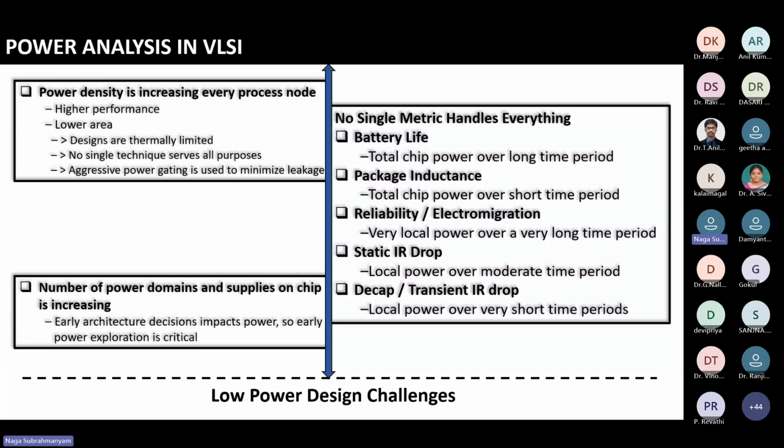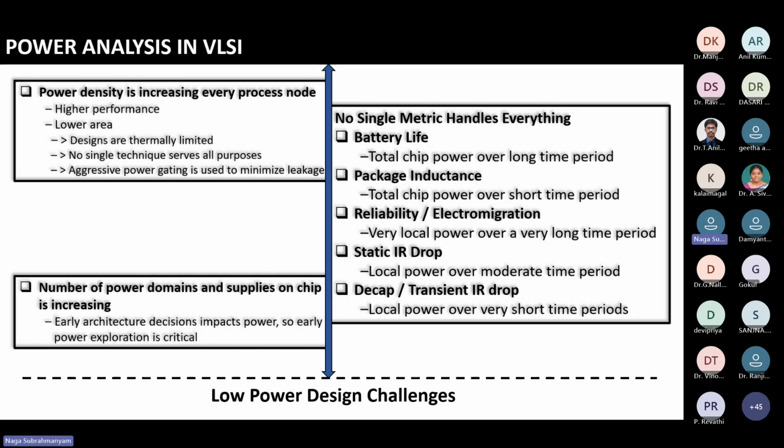As far as I know, they didn't do the power gating properly. Meaning, if some block does not require power, they have to gate that power. And what is another challenge? Different power domains in the chip are increasing day by day. Understanding those power domains is challenging now.